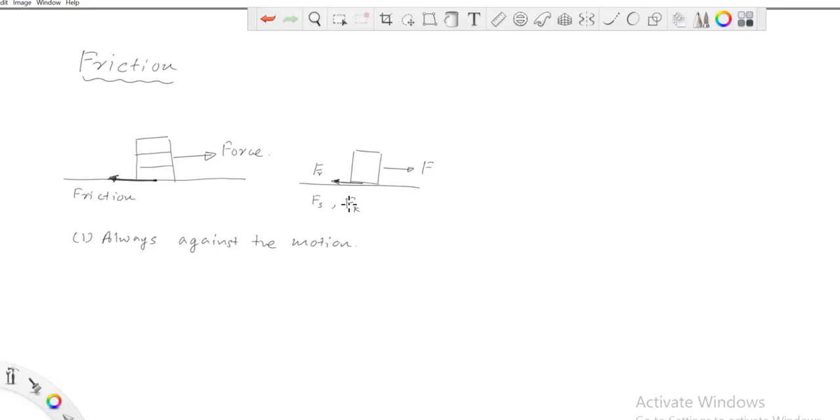Now what creates friction and what decides how big or small it's going to be? If we take a fine microscopic view of these two surfaces that are in contact, like right here, if you magnify this, friction always occurs between two surfaces that are in contact with each other.